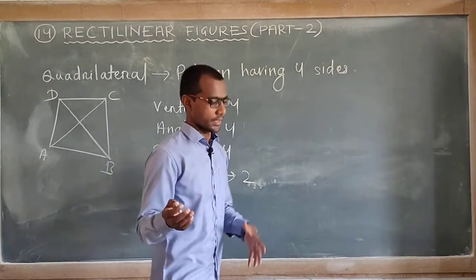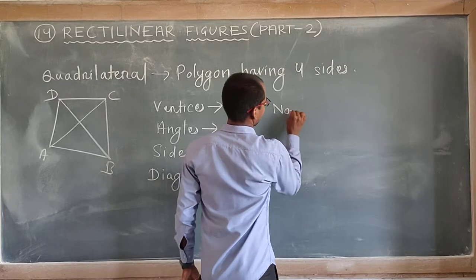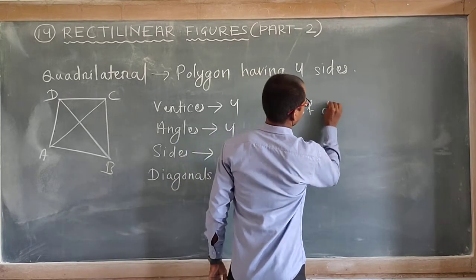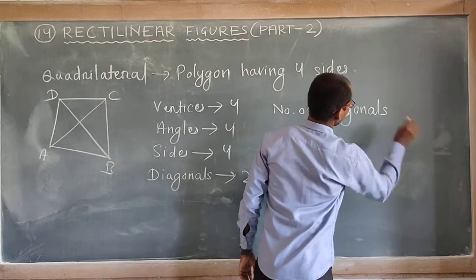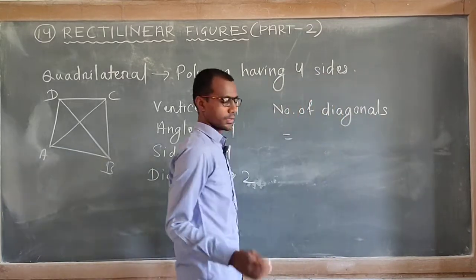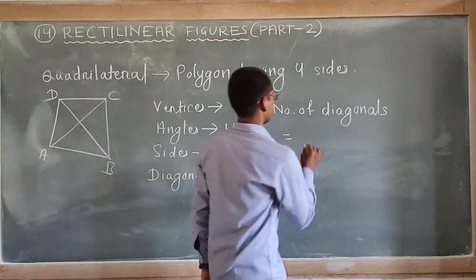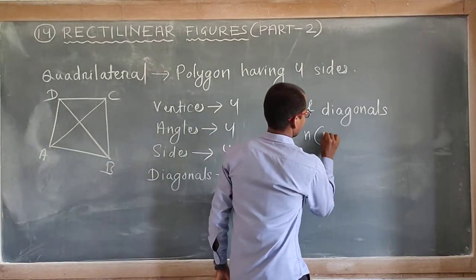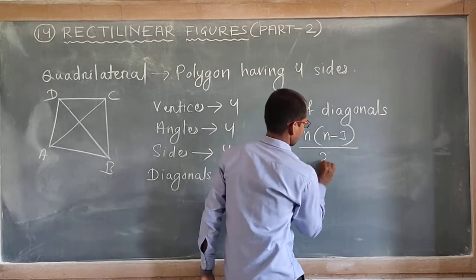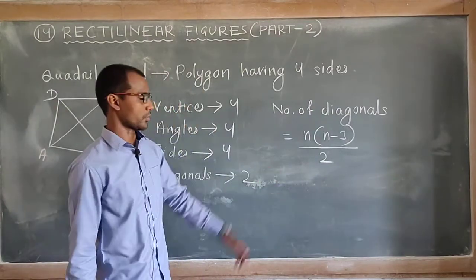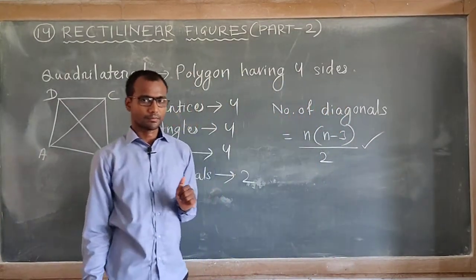The formula is: number of diagonals for any polygon having n sides is equal to n into n minus 3 by 2. Remember this formula, n into n minus 3 by 2.